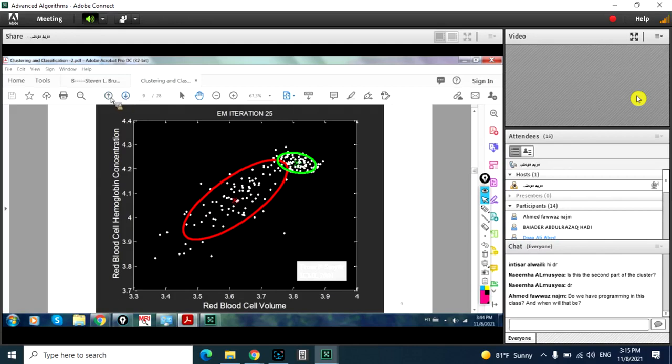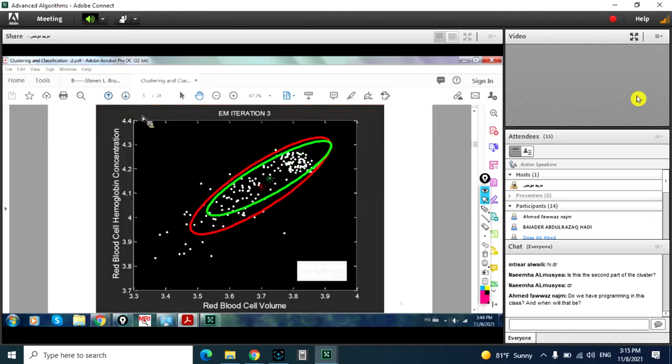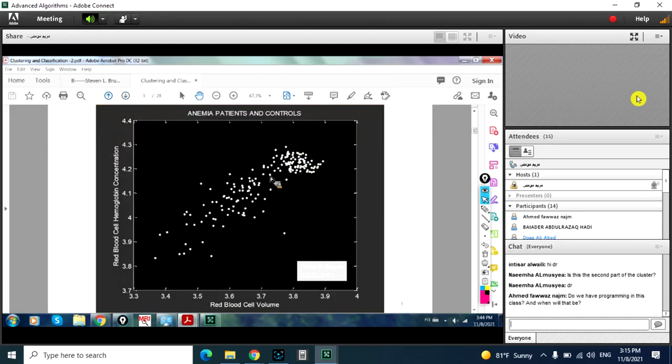Okay, again I show it. We have this data. Here is the mean and the variance, and by using EM, we update the parameters, the mean and the variance.